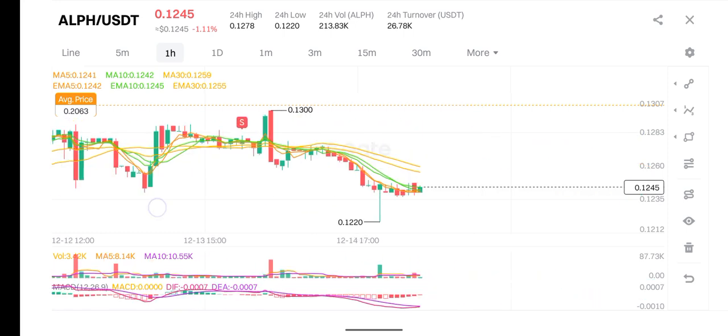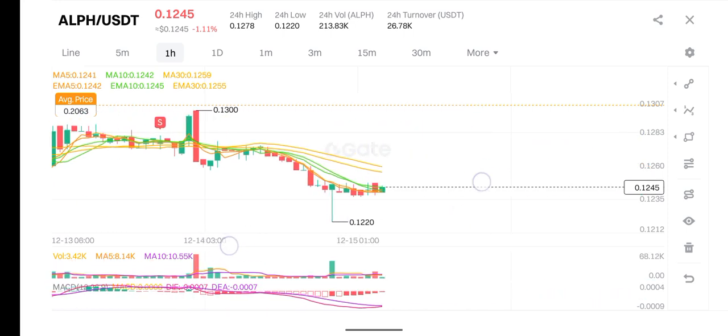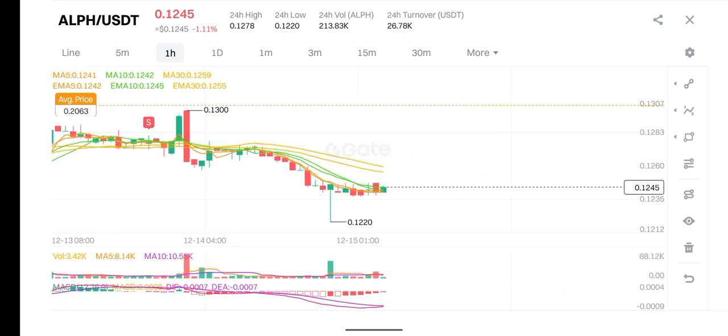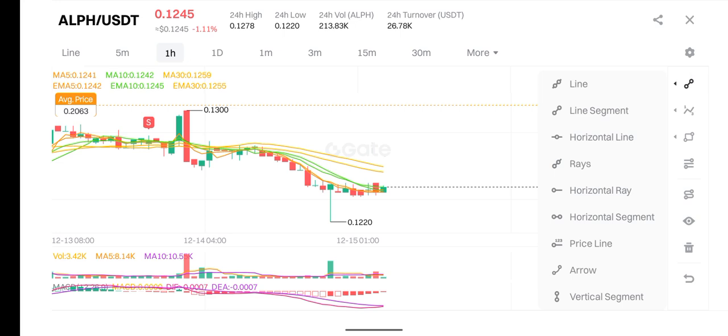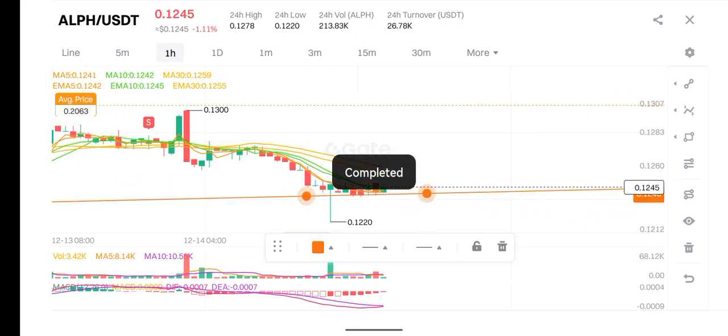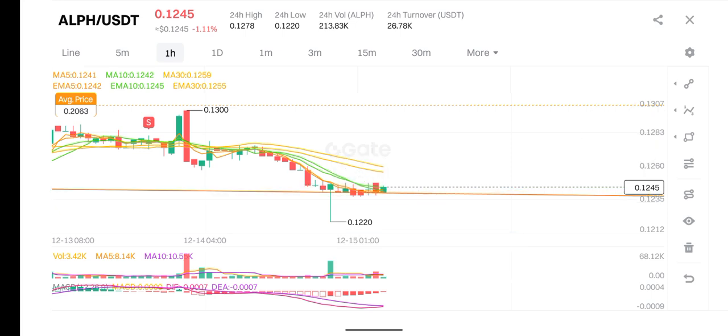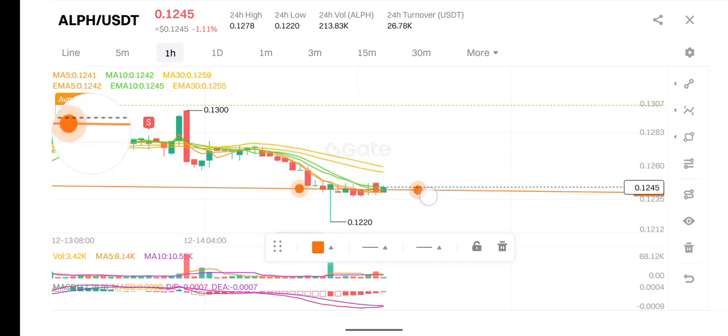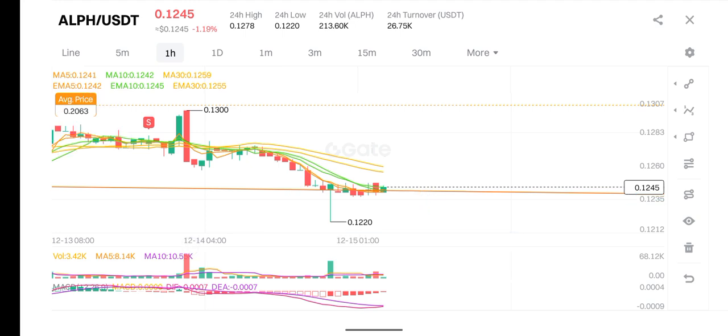So let's blow it out. Let me give an analysis of what happened here. We have a very strong support at this particular point, which is remarkable because the market will keep testing that support at every point in time. So we'll have a support at this zone, here, that's 0.1245 support.